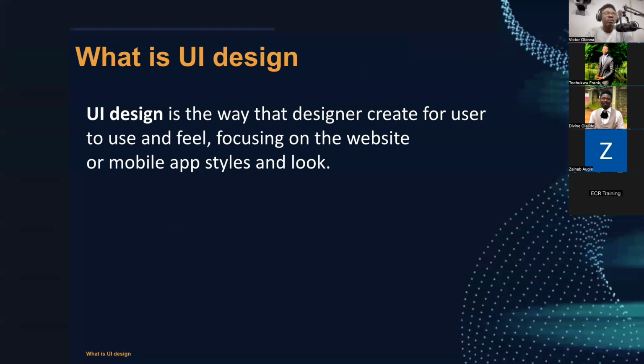The look and feel, or the feel of how you're using a particular product. When I'm talking about product, I'm talking about an application or a website, because they are all products. The way you feel concerning a particular application, the user's look and feel on a particular application, be it an app or a website, is all that is known about the UI design.